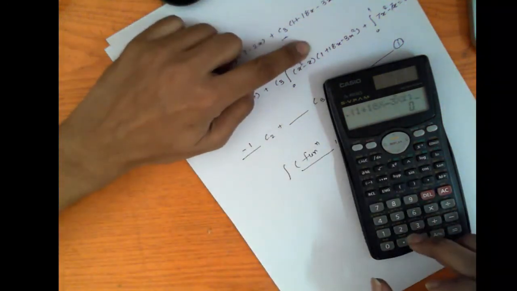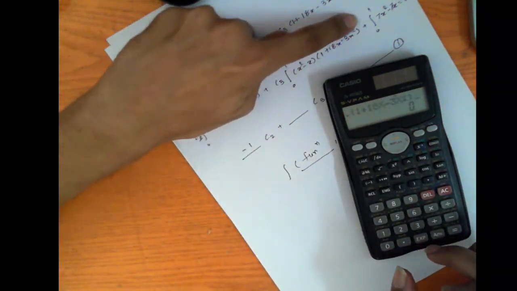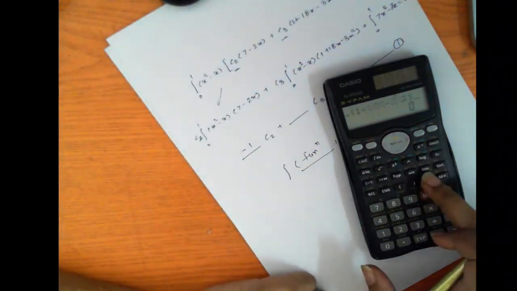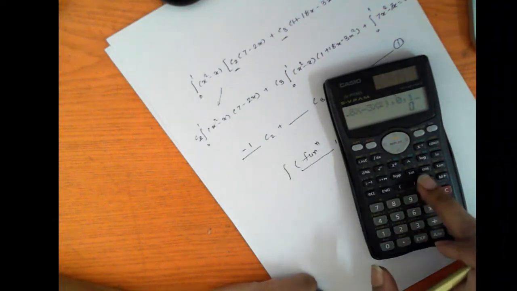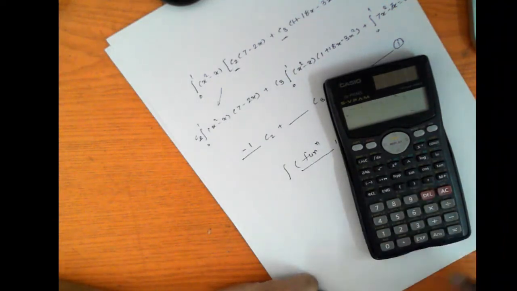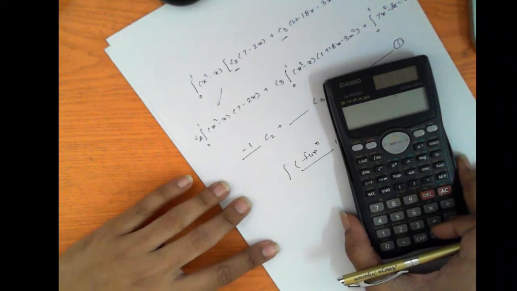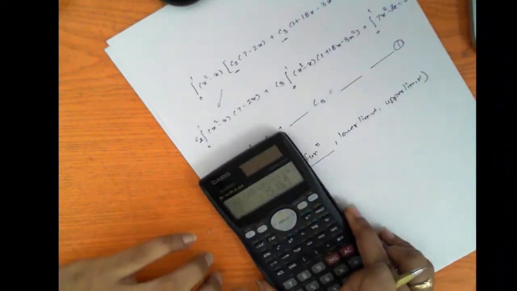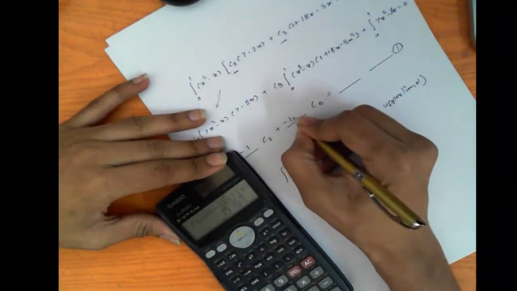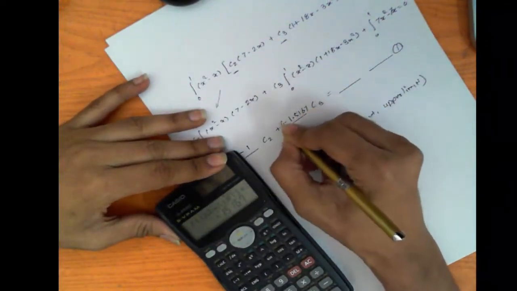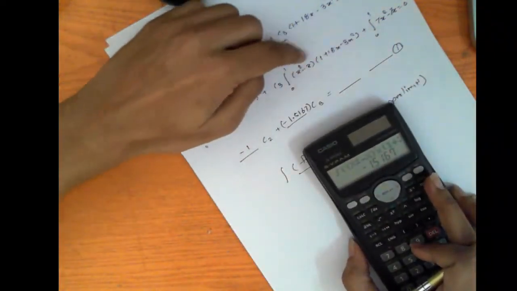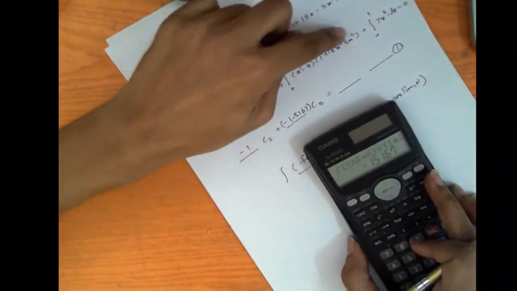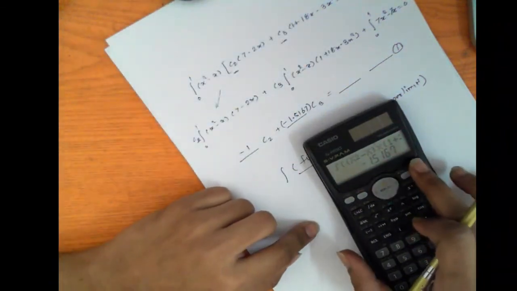So x square minus x, 1 plus 18x minus 3x square, that is my function, comma, the lower limit is 0, comma, upper limit is 1, and bracket complete. If you solve this, you will get the answer directly for the constant. So it is minus 1.5167. Okay, so you don't need to cross multiply the brackets and then solve. You can directly put the integration into a calculator.